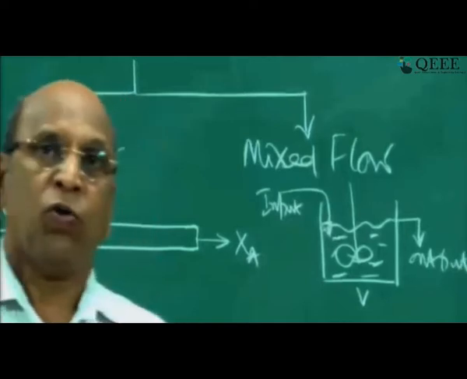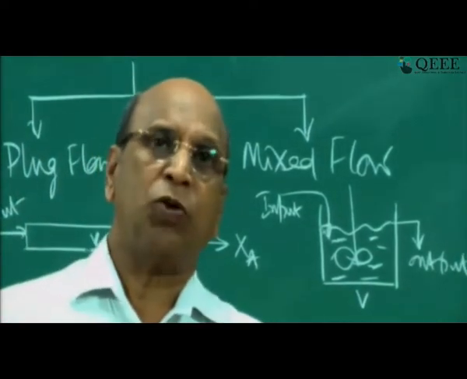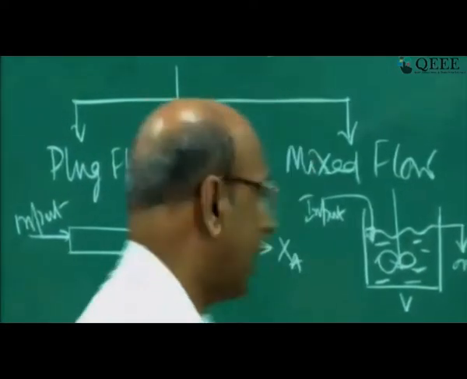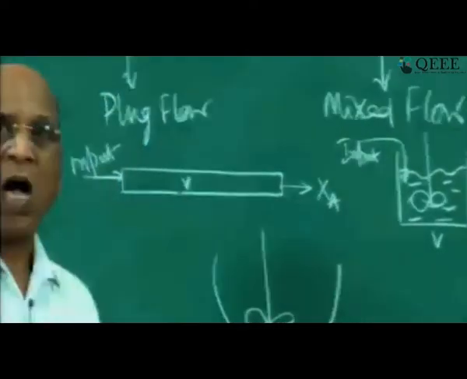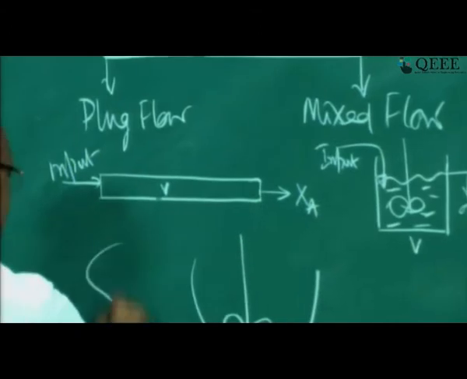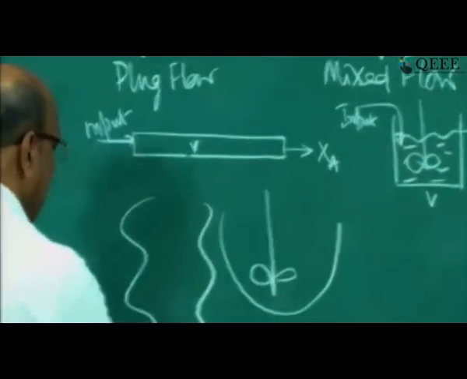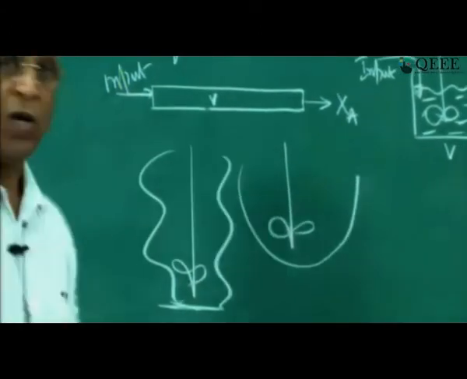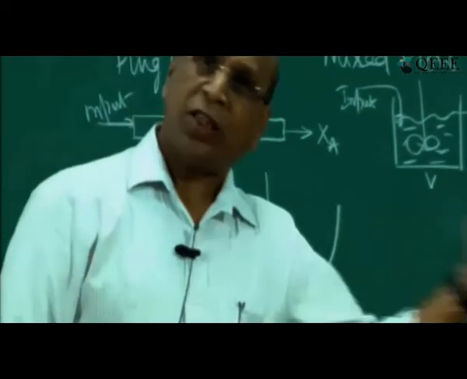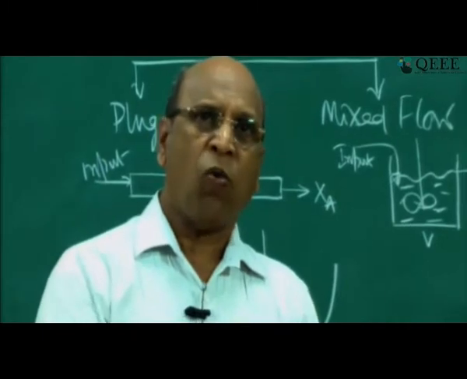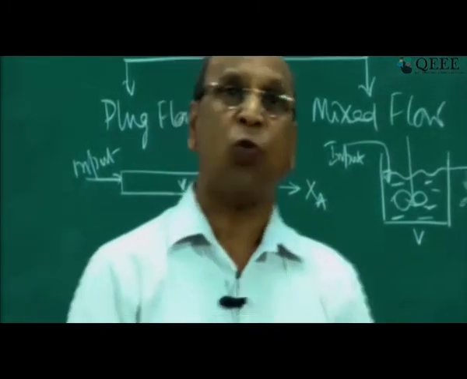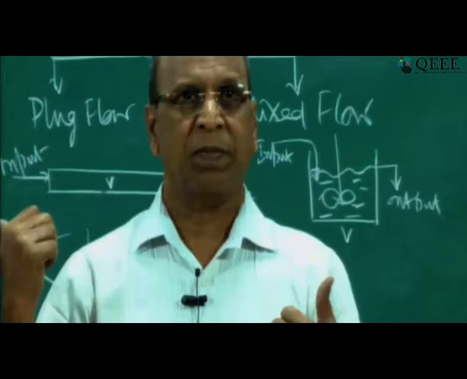Okay. Now you may ask why can't I use a spherical vessel like this? Or you may ask why can't I have this kind of shape? So theoretically speaking, all these shapes are okay, but in engineering you have to consider how easily one can fabricate these units.